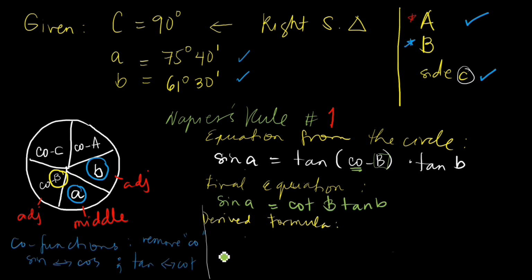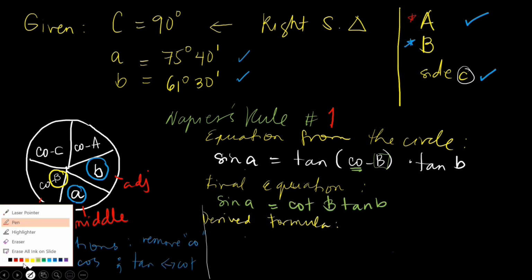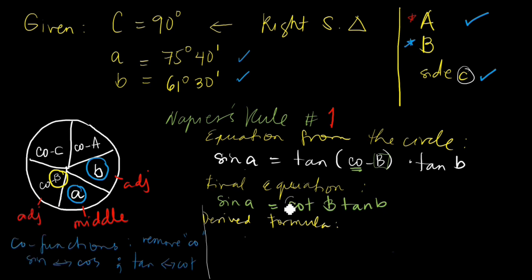Next, we need to derive the formula. As you can see, we still have cotangent here, so we have to use an identity again: cotangent of theta equals 1 over tangent of theta. So we're going to write it on the left side: sine of side A equals 1 over tangent of theta.